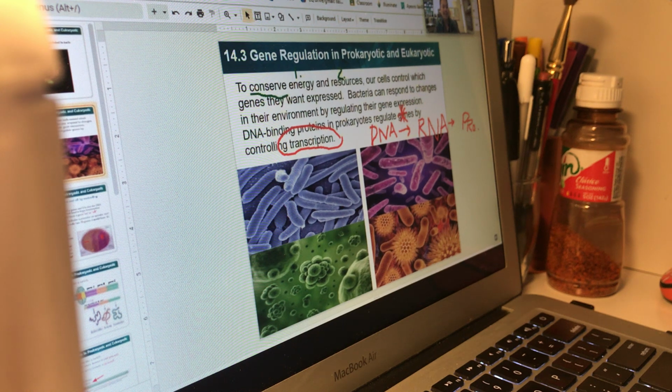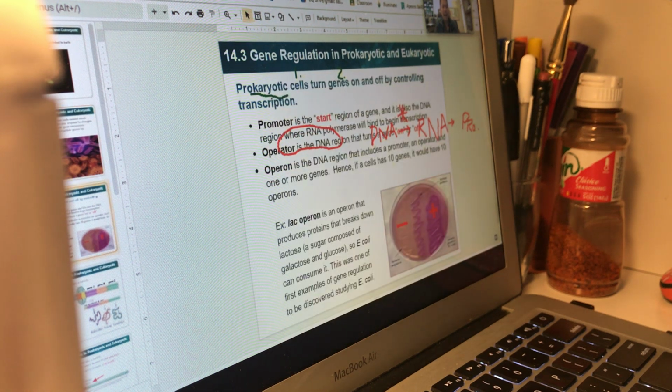Now, let's move on to how the breakdown works. So inside cells, okay, inside bacteria cells, the DNA is divided up into regions. Depending on the number of genes a bacterial cell has, it has segments on the DNA.